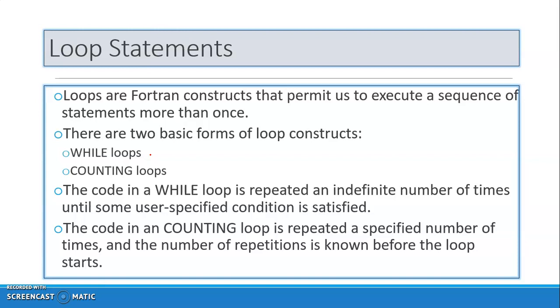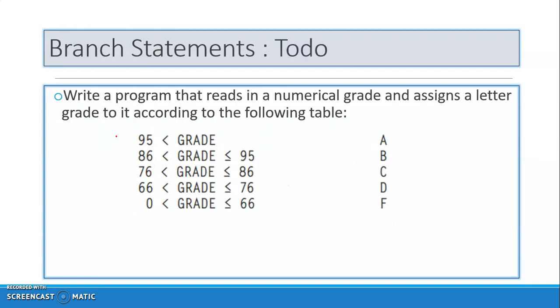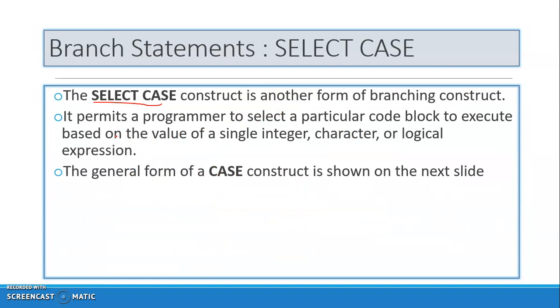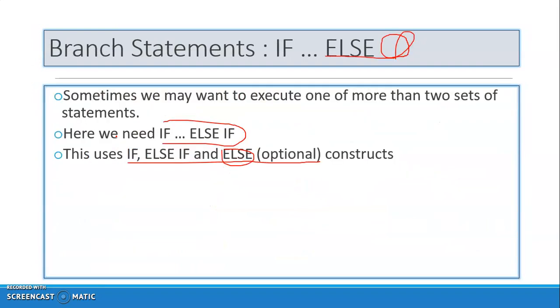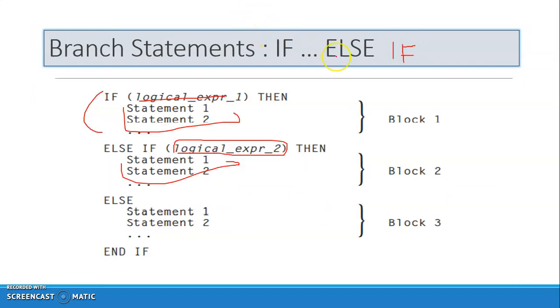Then in the last video, we went through branch statements where you have to make some decision and execute a portion of code and skip other portions of code. So we looked at three forms of if statements, starting with the basic if, then if else, and lastly if else if.